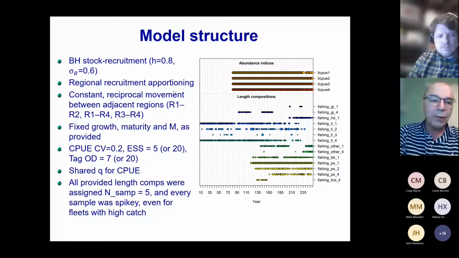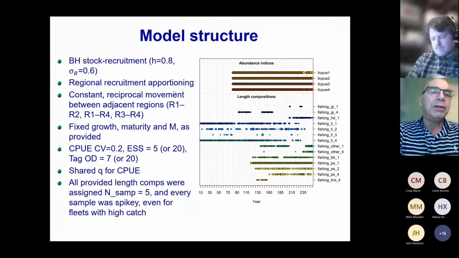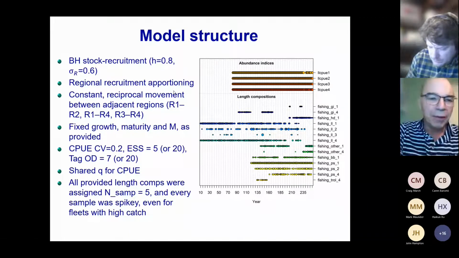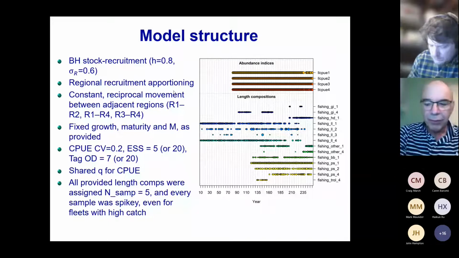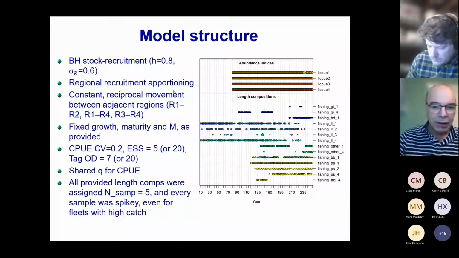So very spiky, and hence, I'm sure, quite masking of any of the recruitment signal that had been there. So I think, if we are able to continue working on this, we might relook at the sample size weighting for the length comp observations and use the Dirichlet multinomial that is certainly available and functional in Stock Synthesis.